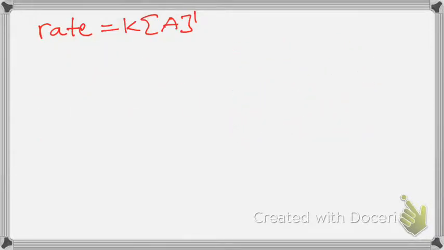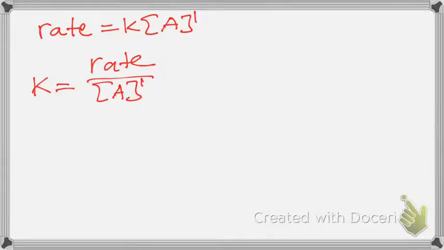All right, the units of K. Since we know that the rate is going to be affected by the concentration, K is simply found by taking the rate divided by the concentration of A to the first power.